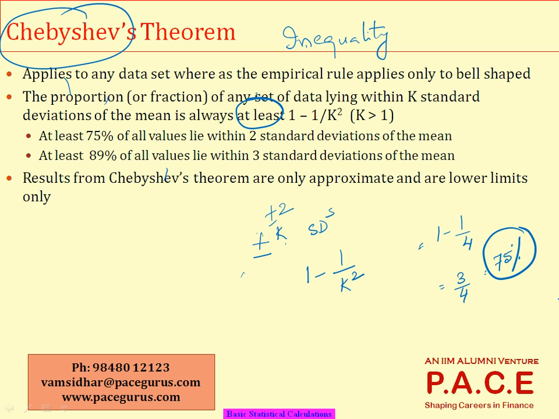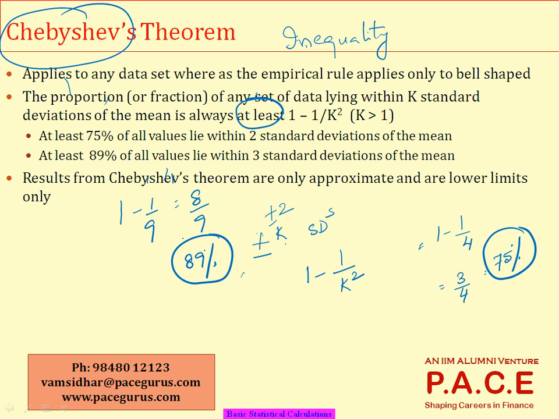If it is 3 standard deviations from the mean, again I can do it as 1 minus 1 by 3 squared. So 1 minus 1 by 9, making it 8 by 9, or approximately 88-89% of the values will definitely lie between plus or minus 3 standard deviations.